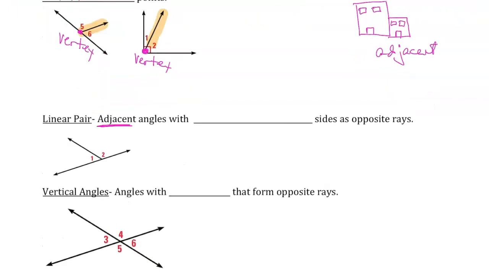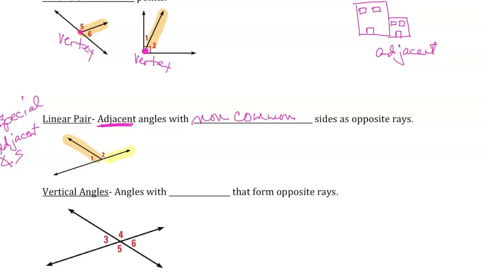They have to be adjacent, but these are special adjacent angles: adjacent angles with non-common sides as opposite rays. Well, what does that mean? So this is the common side.